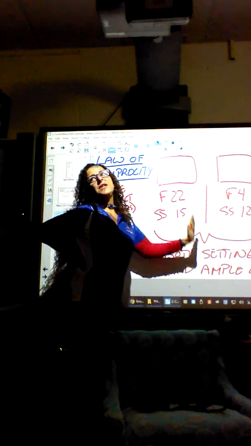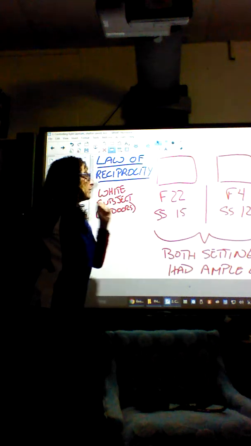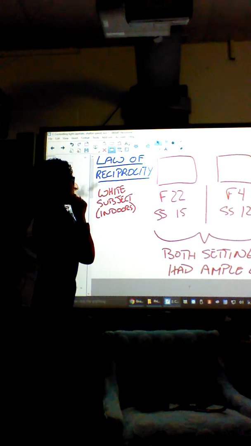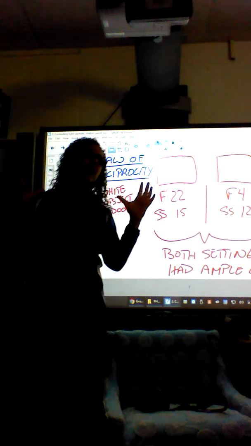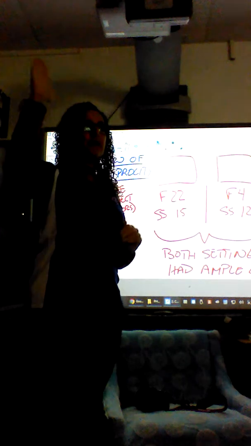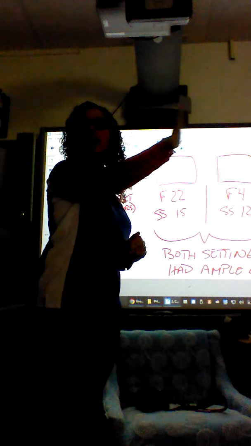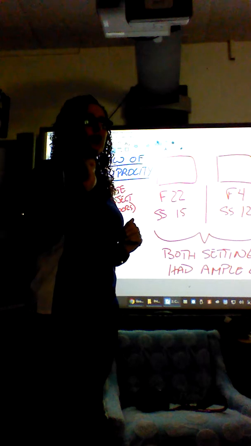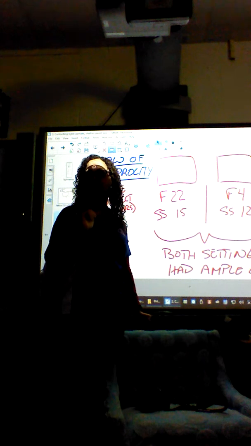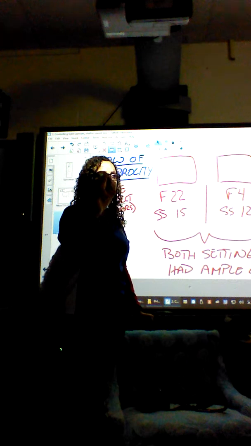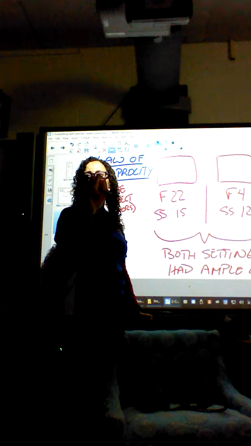Let's look at how these numbers changed. I want everybody looking at the board for a minute. If you remember, when we were first talking about f-stop and shutter speed, I gave you a sequence of numbers, right? You guys remember? And I said that every time you switch, if I go from f22 to f16, I'm doubling my light. Do you remember that?